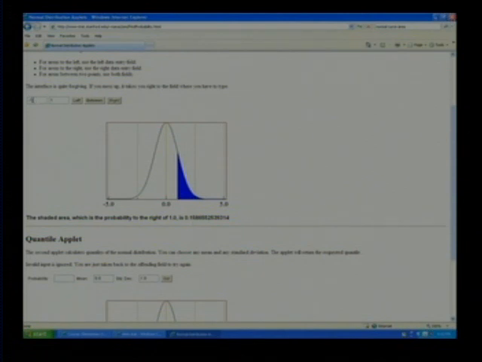So let's change this, and let's go to a -2. And then to the left is 0.0228, which is close to the 0.025. It turns out that the actual number that gives me the 5% is 1.96.